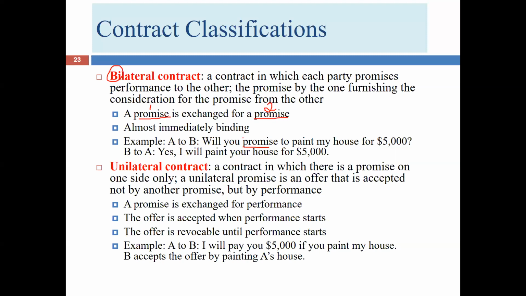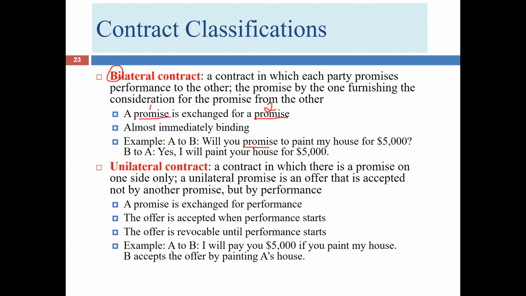So A is promising, it's implied, so it's not exactly stated, but it's implied that A is saying, I promise to pay you $5,000 if you promise to paint my house. And B says, I promise to paint your house if you promise to pay me $5,000. So we have two promises. It's a bilateral contract.